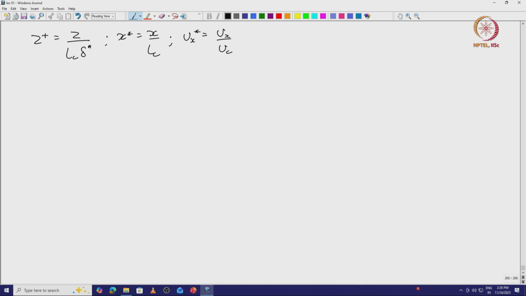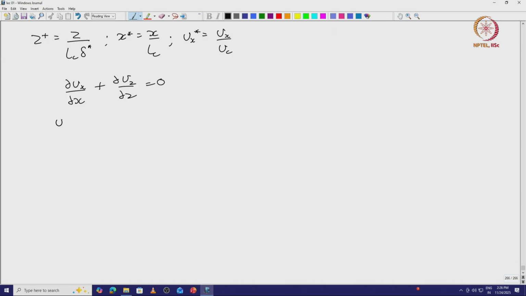What about the cross stream velocity? The streamwise velocity is the characteristic velocity, the velocity generated due to the buoyancy force. What about the cross stream velocity? That comes from the conservation equation for mass. Partial Vx by partial x plus partial Vz by partial z is equal to 0.